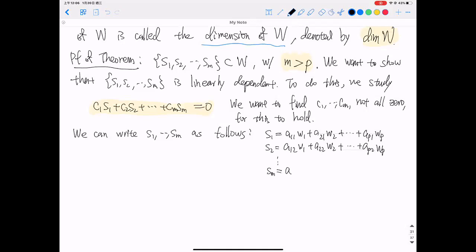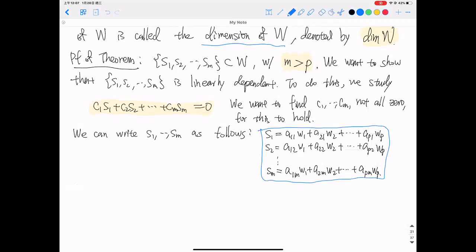Finally, Sm is A1m W1, A2m W2, plus APm WP. Okay. And what we've done here is we've written the S's in terms of the W's.